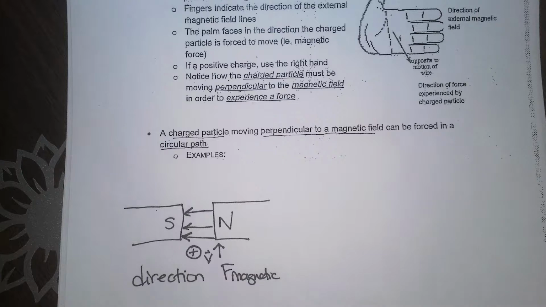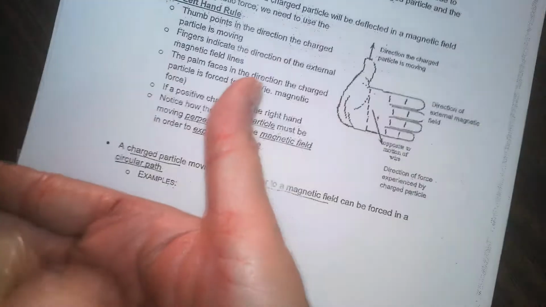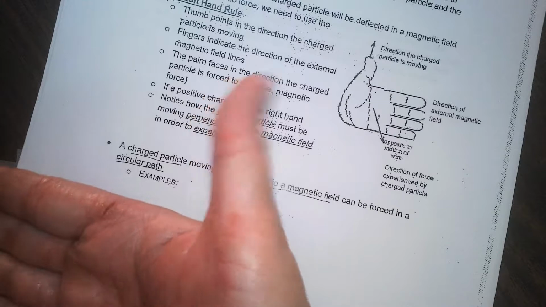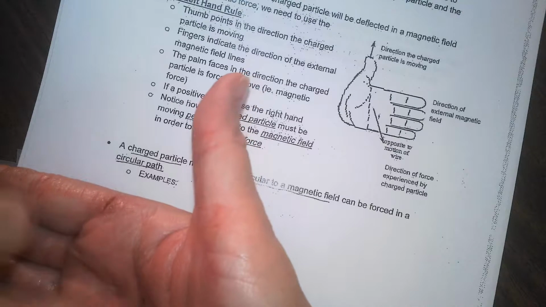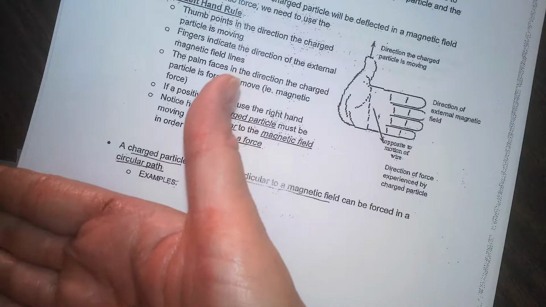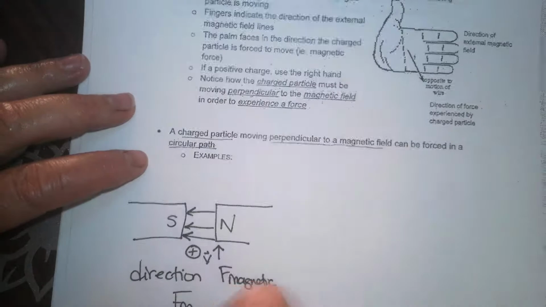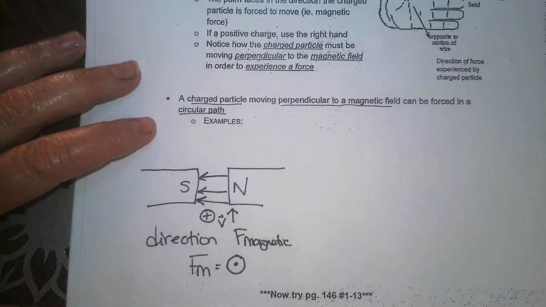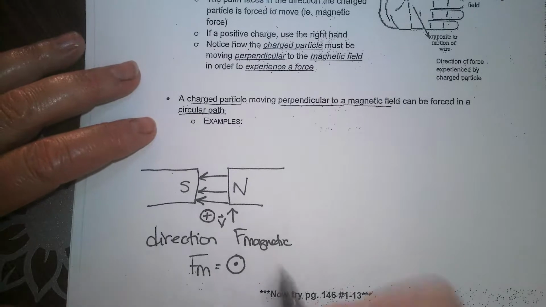Okay? So here it's moving this way. This is north, this is south, so it's moving this way for the magnetic field. My palm is right here pointing out of the page. And so then force magnetic is going to be out of the page.